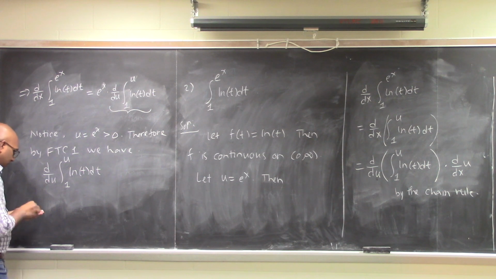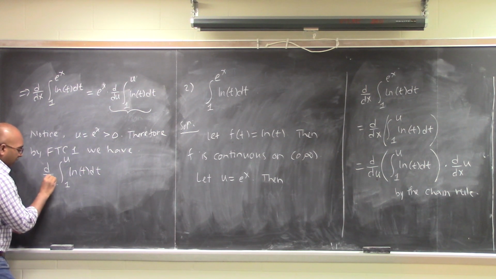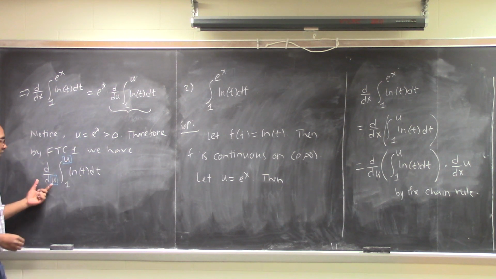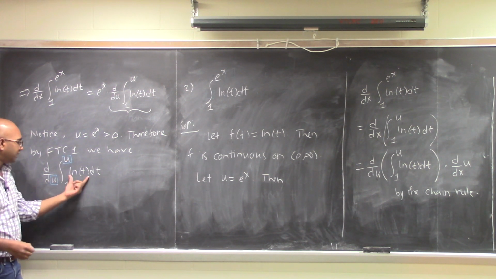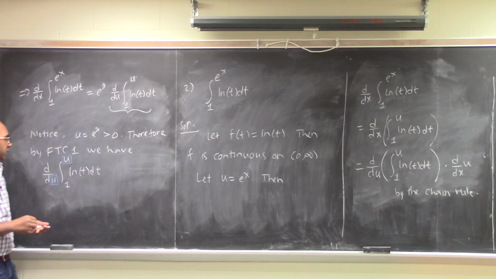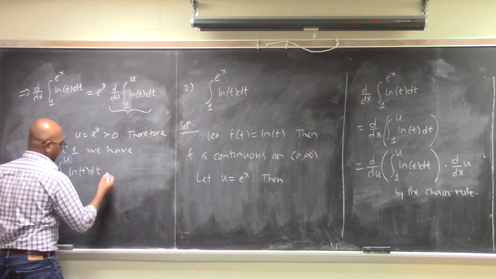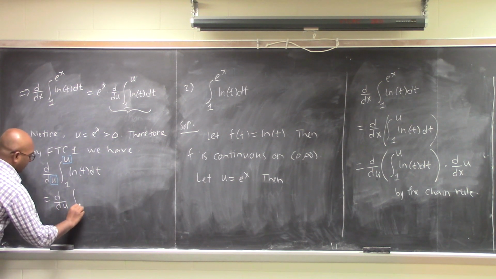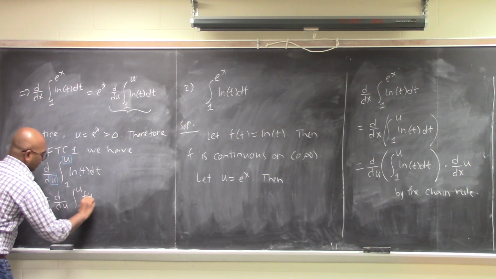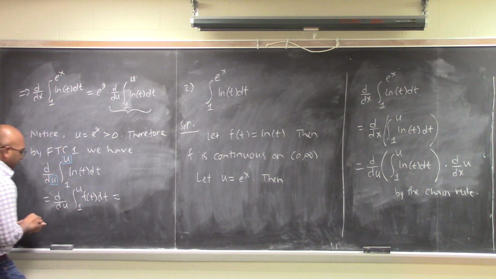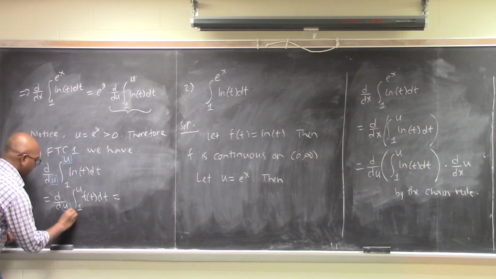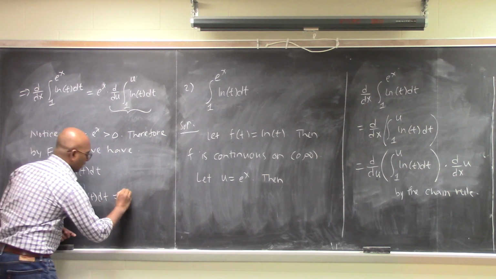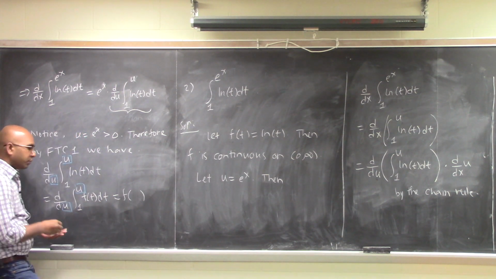That thing is, do you remember? If you have u here and u there, then this is f of t, right? Okay, let me just write it in terms of f. Okay, so this is u, this is u. So this derivative of the integration will be f evaluated at u.